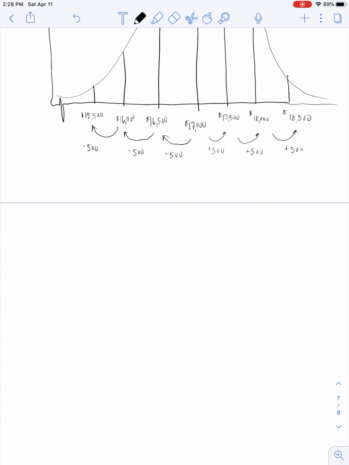What we want to do here is use the 68, 95, 99.7 rule to find percentages. Let's go with A: between 16,500 and 17,500.